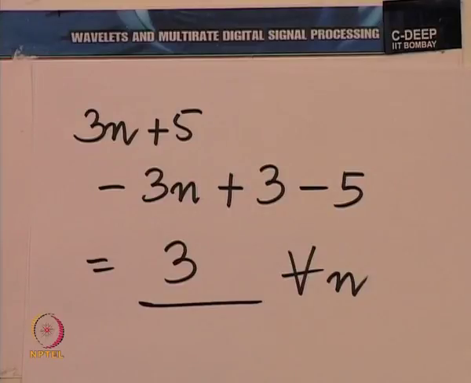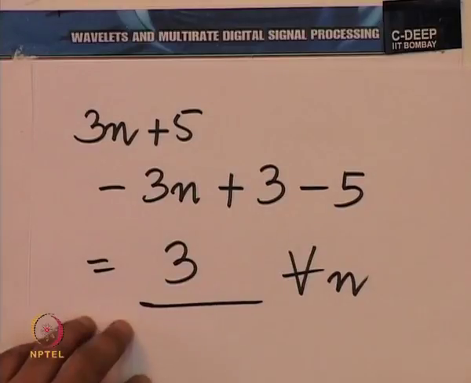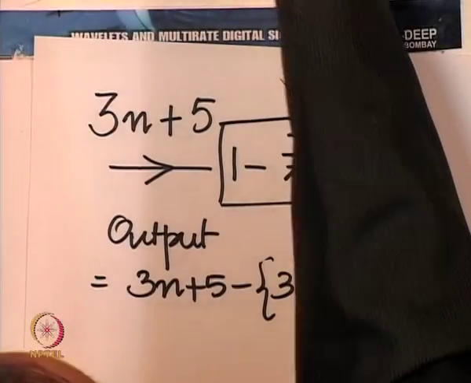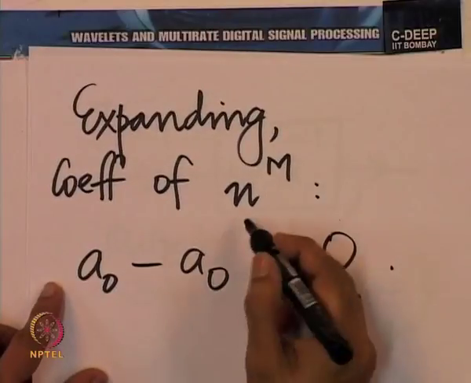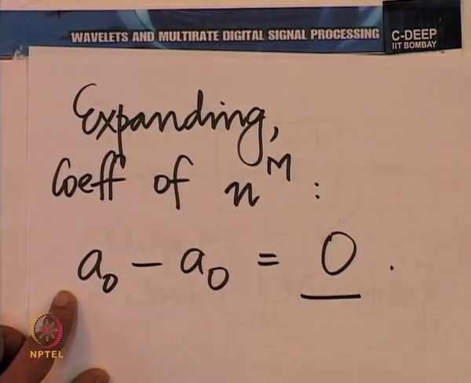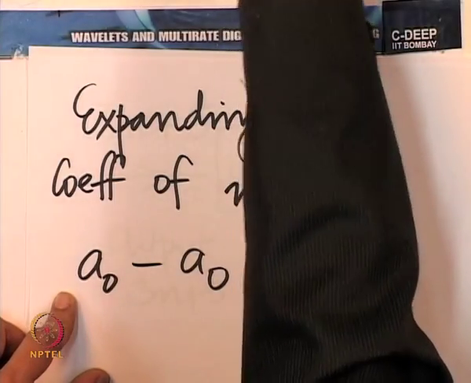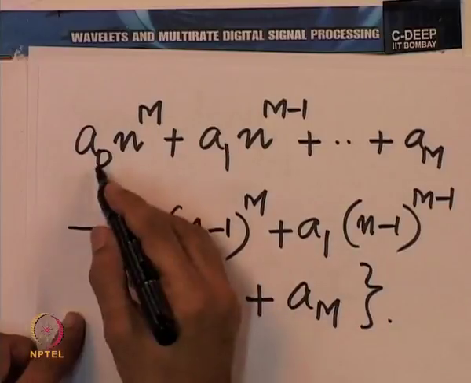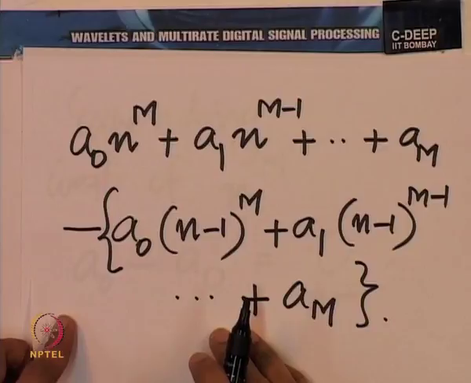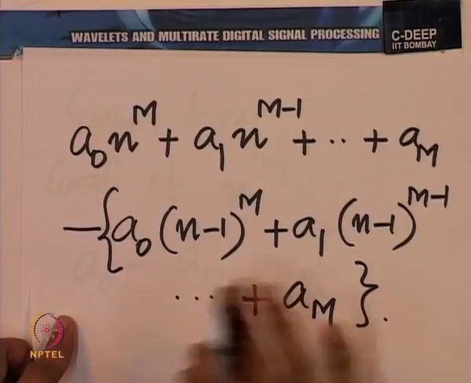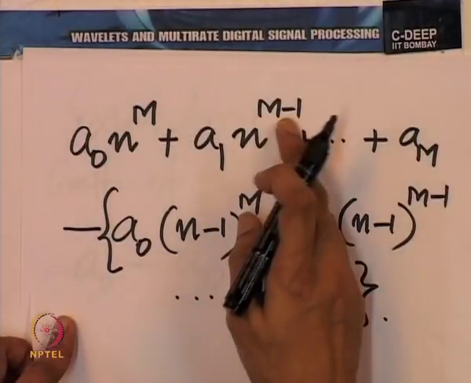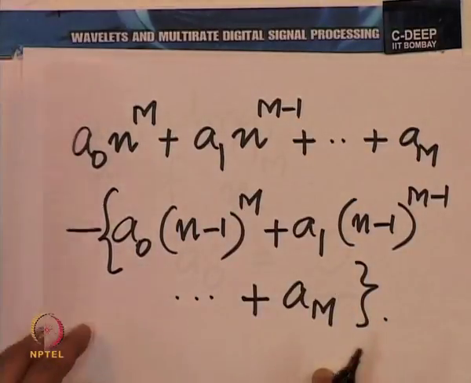That is exactly what happens for any degree polynomial. So, what we just showed a minute ago, and I will put back that discussion, is that the coefficient of the highest power n to the power m vanishes. And therefore, when this sequence goes into z raised to the power minus 1 or 1 minus z inverse, so to speak, you only have n raised to the power m minus 1 and lower degree terms left.